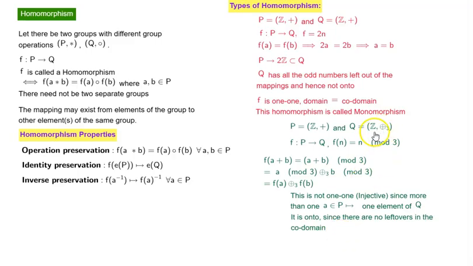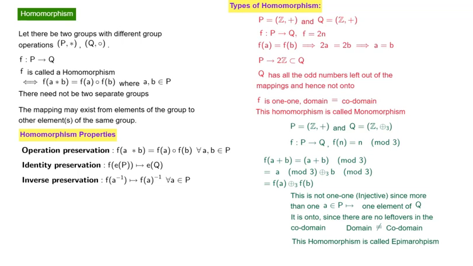All the three elements in Q, that is 0, 1, and 2, are being mapped from some element of P. Here, very clearly, domain is not equal to codomain. This homomorphism is called epimorphism.